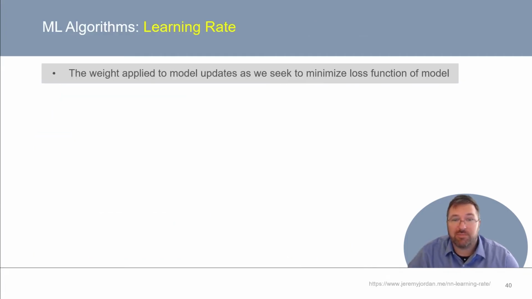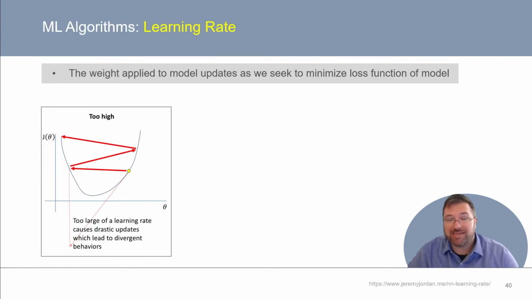Let's further illustrate the potential impact of selecting a specific learning rate, which is a concept important to a number of algorithms outside of gradient boosting as well. More generally speaking, a learning rate is a weight applied to model updates as we seek to minimize the loss function of a model. If the learning rate is set too high, then each update to the meta model may lead to drastic updates, in turn leading to divergent behavior, such that it becomes difficult or impossible for the algorithm to properly converge on the minimum of the loss function, where the loss function on these plots is given on the y-axis.